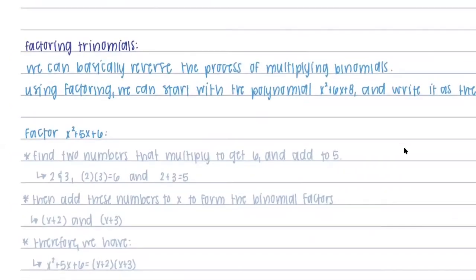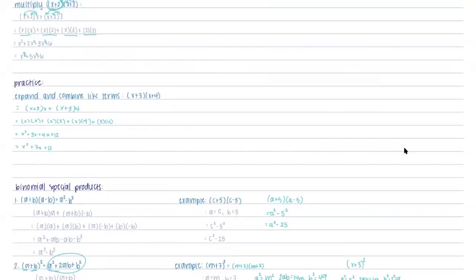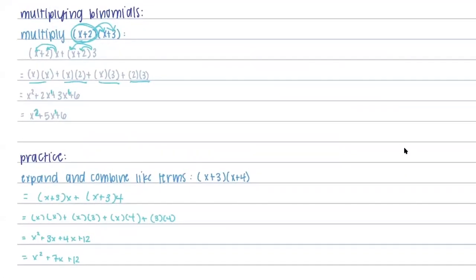So what we're going to do to factor trinomials is basically reverse the process of multiplying binomials. Up here, when we were multiplying binomials, we're going to take this and reverse it to find this.